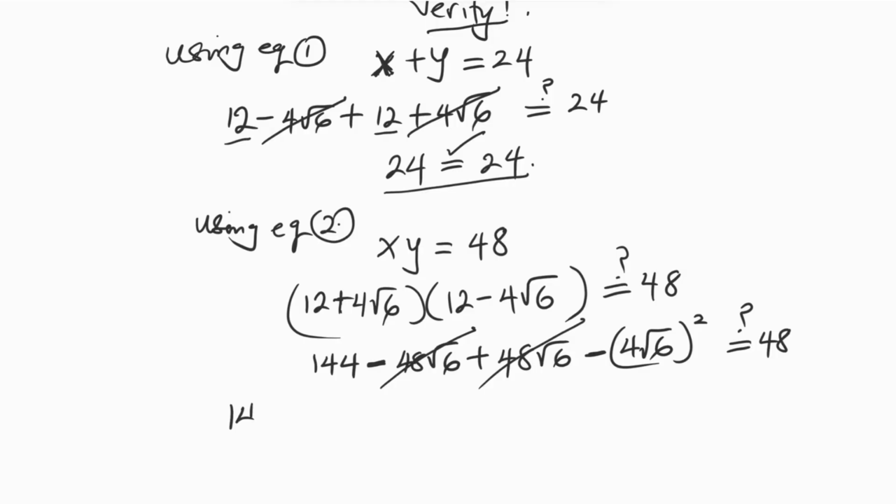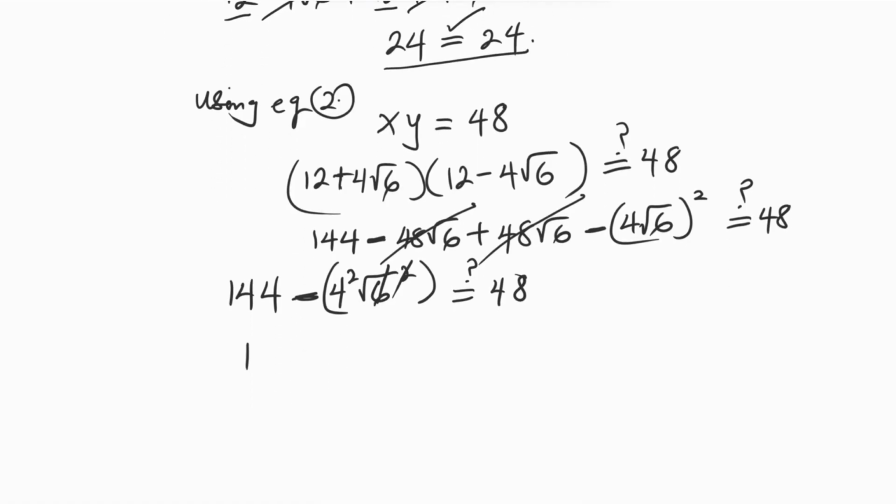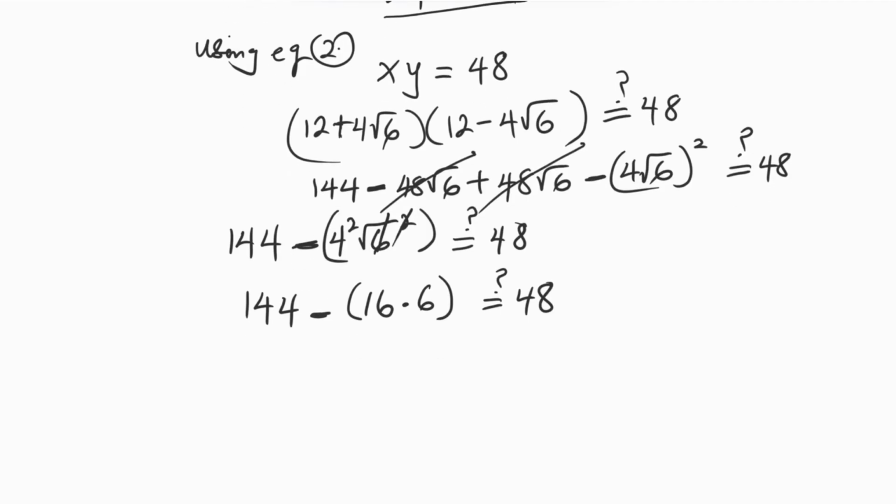So we have 144 minus, this is 4 squared and also root 6 squared. This squared cancels out the square root sign, and we have 144 minus 4 squared, which is 16, times 6 left. And let's see if that's going to be equal to 48.